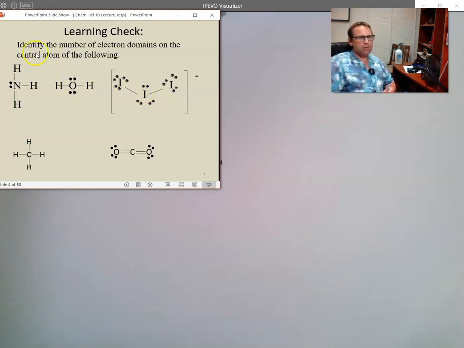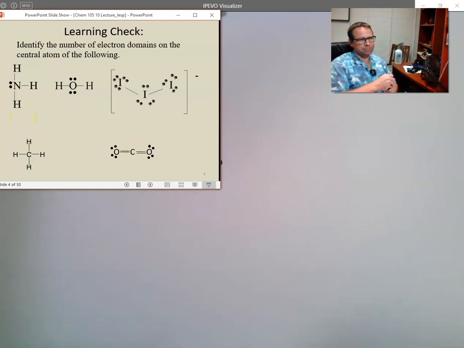Taewon, how many regions of electron density are around the central atom in ammonia, NH3? It is 4. 4, that's right. So Taewon, what would you say the angle is between this nitrogen-hydrogen and this nitrogen-hydrogen in this compound?